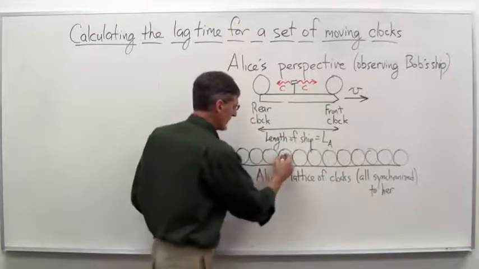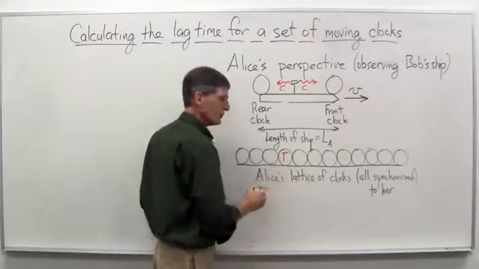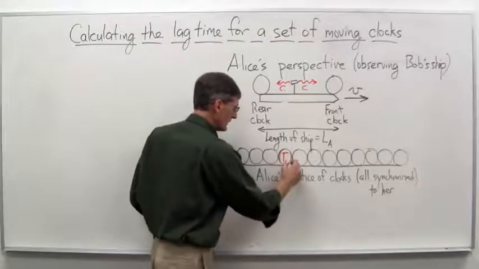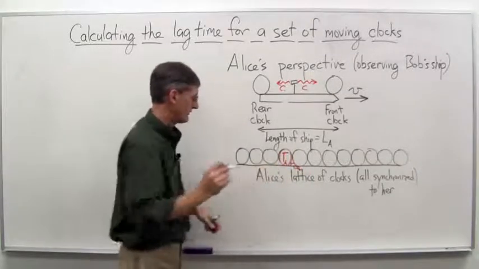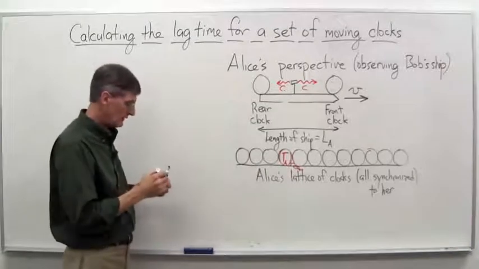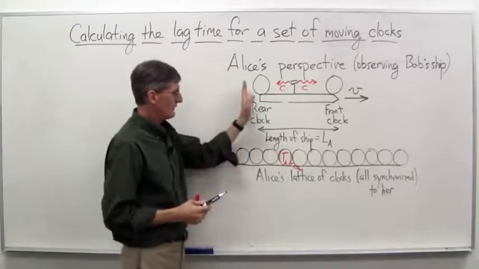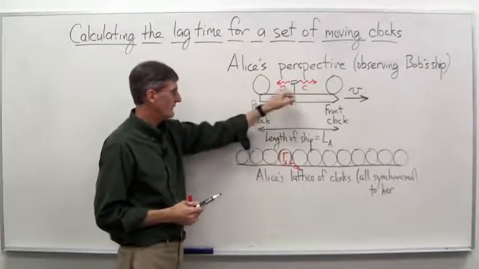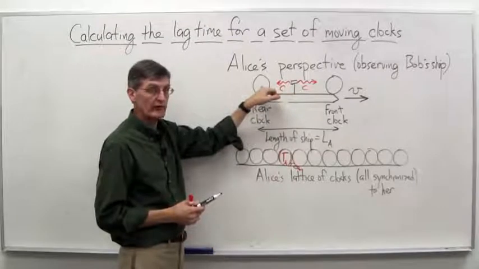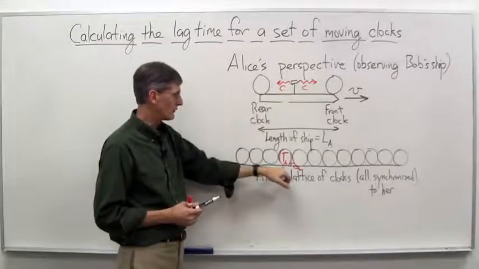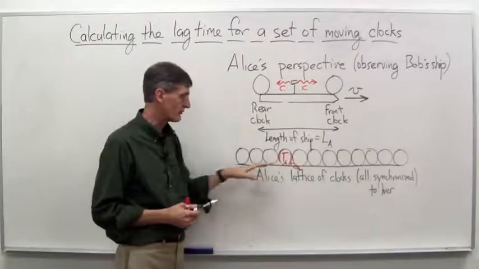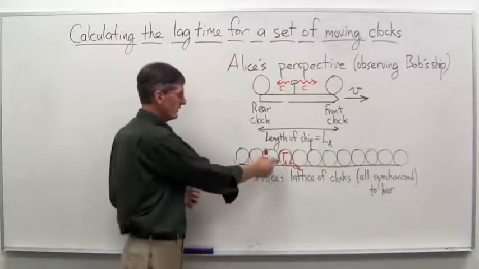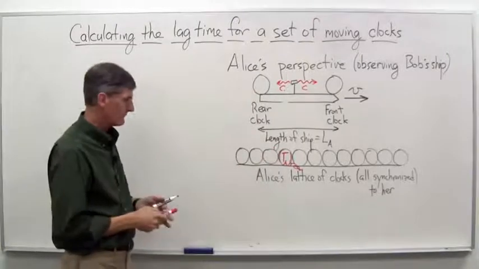So she sees at that point in time a value on her clock, T sub A, and we'll do rear there. But the idea is, at this instant in time, she sees the light beams go off, the ship is traveling this way, and then she says, oh, okay, this light beam triggered the flash photograph at this point, and her set of synchronized clocks all read the same thing at this instant in time. For her, T sub A rear is the value that she sees on her clock there.